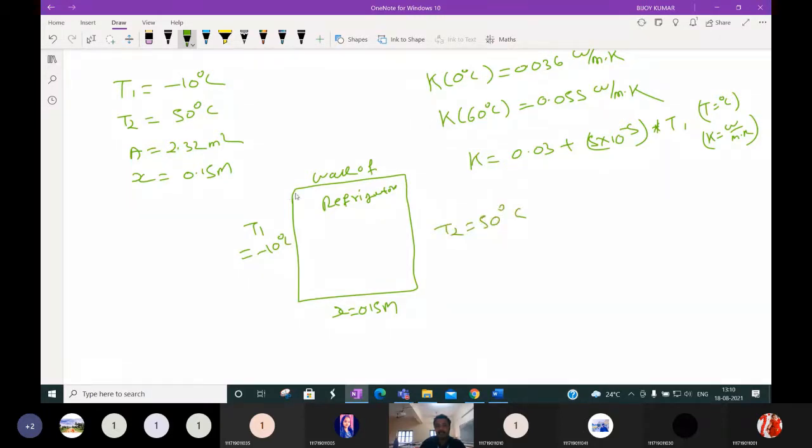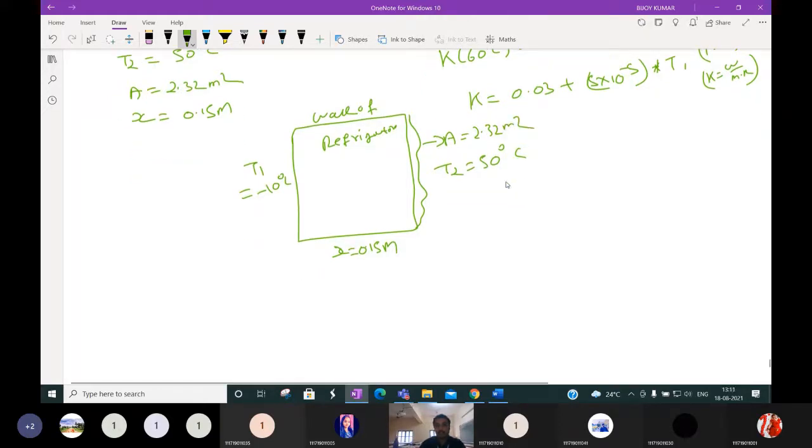The area of heat transfer: where will the heat transfer, T2 to T1 or T1 to T2? Can anyone say? T2 to T1, because it is at high temperature and this is at low temperature. So this is the heat transfer area. Suppose this A is given 2.32 meter square.